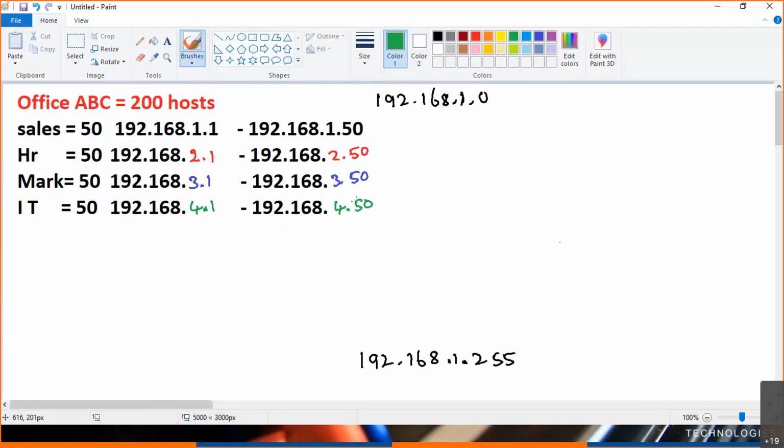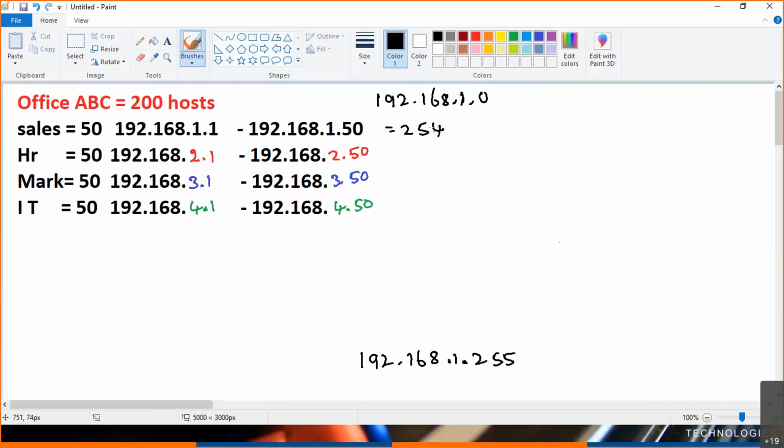But the problem is, each network is 1.1 to 1.50. Actually, in class C, per network, how many IP addresses are there? 254 IP addresses. Out of 254, how many IPs are being used for the sales department? 1.1 to 1.50 only.